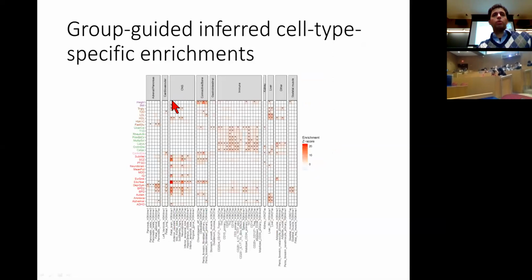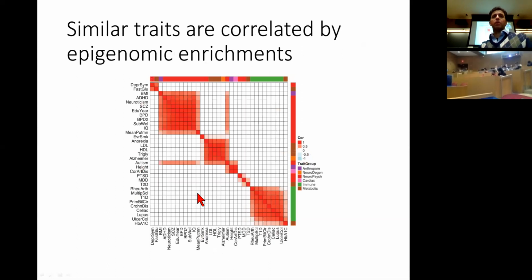Then you can guide the cell type specific enrichments by first studying these enrichments at the group level and then projecting them down to the individual cell type level. And what you can see is that very similar traits are in fact correlated with very similar epigenomic enrichments.